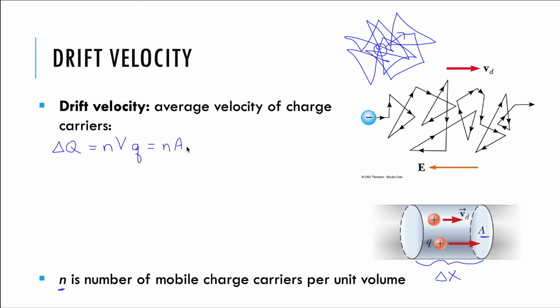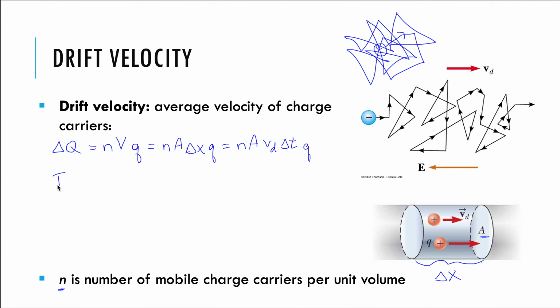So nA delta x times q. And if we're saying that the charge carriers are moving with a speed v sub d, then the length traveled, delta x, is going to be v sub d times time. So we're going to have nA v sub d times how long it takes to move that distance, times q.